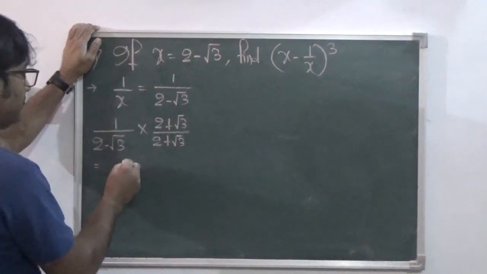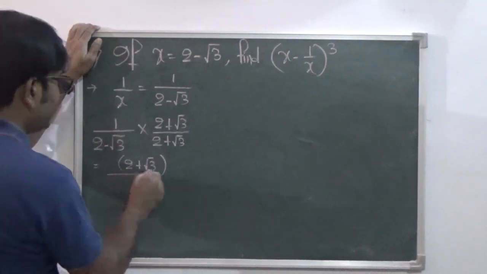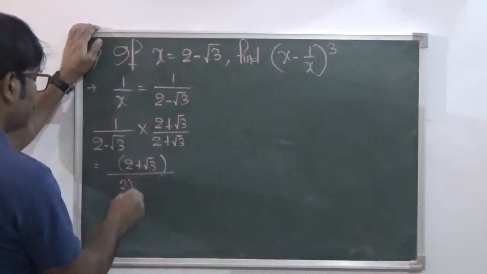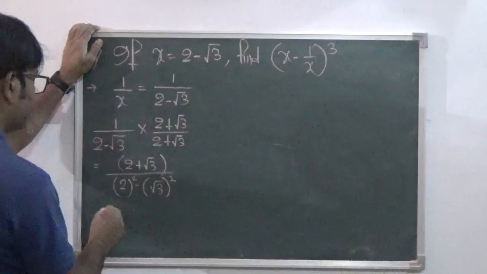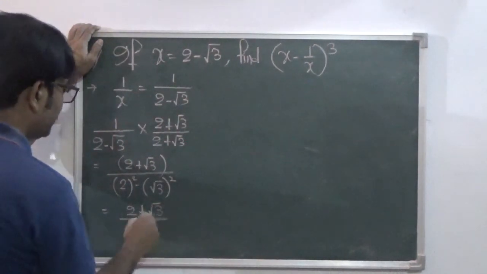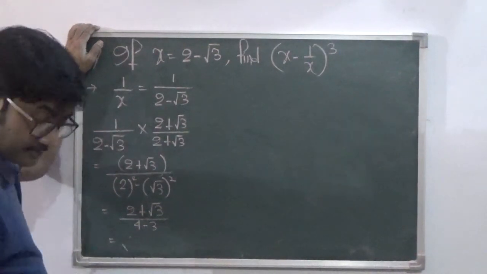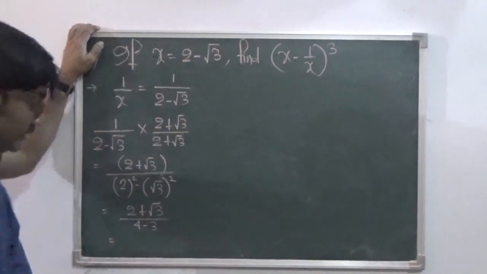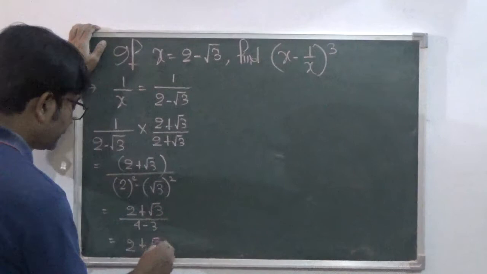So we get here 2 plus root 3 divided by 2 square minus root 3 square. So it is 2 plus root 3 divided by 4 minus 3. So it comes to 2 plus root 3, because the denominator is coming to 1.